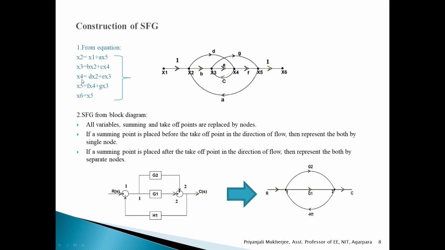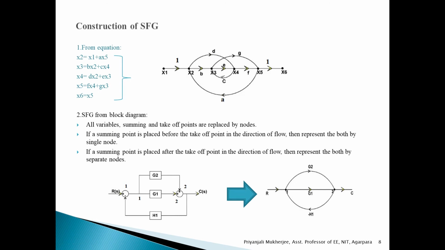For x4, that is b into x2 plus e into x3. So for x5, that is f into x4 plus g into x3, and for x6 that is equal to x5, so this coefficient is 1. In this way, we can construct the signal flow graph from the linear equations.